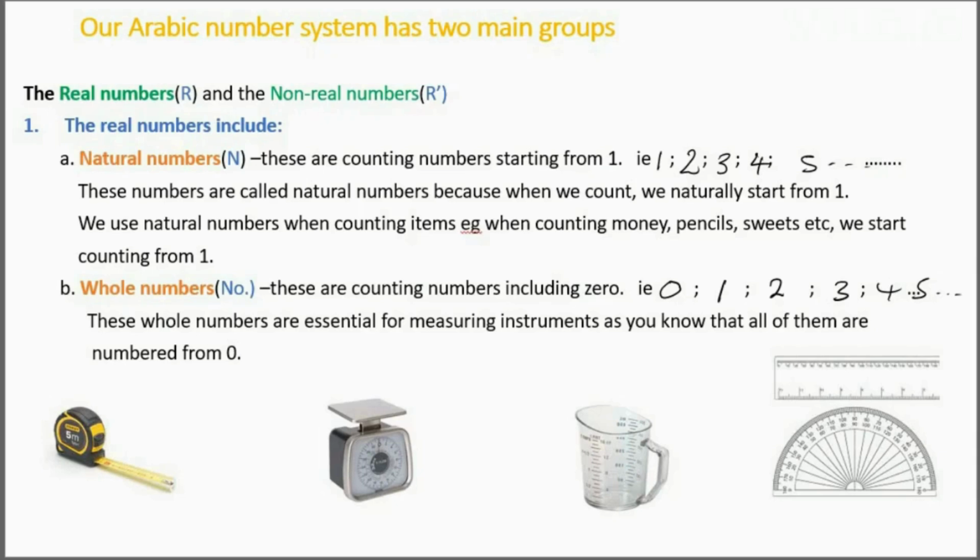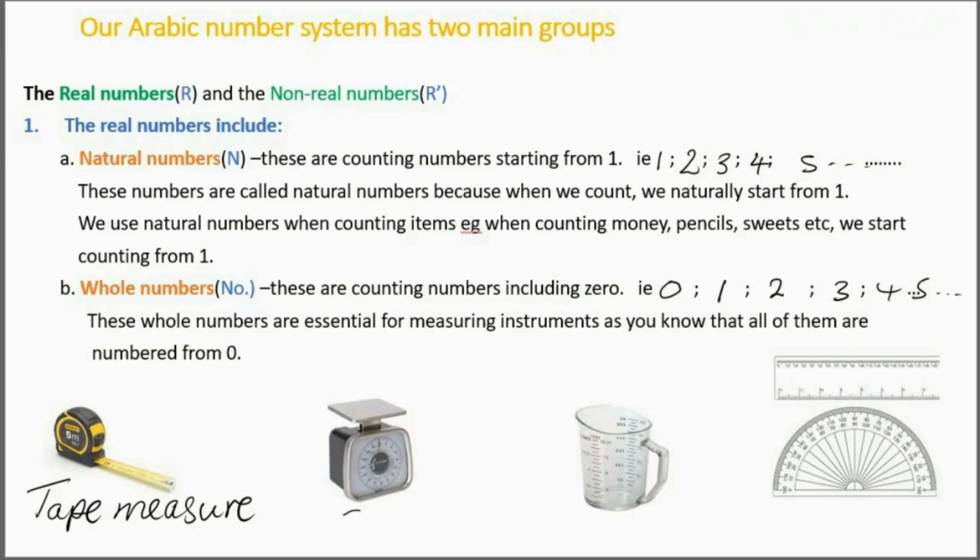These whole numbers are essential for measuring instruments, as you know that all of them are numbered from 0, like the tape measure, which starts from 0 until, for instance, this tape measure is from 0 to 5 meters.